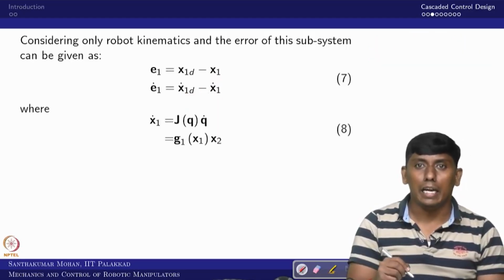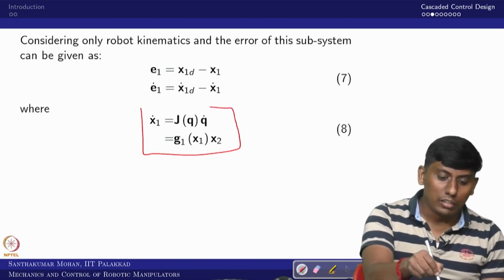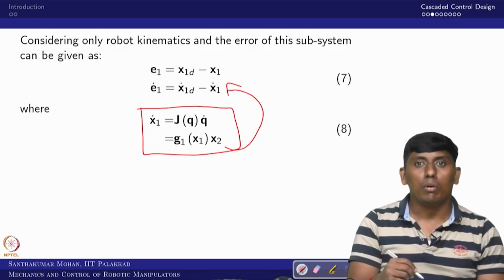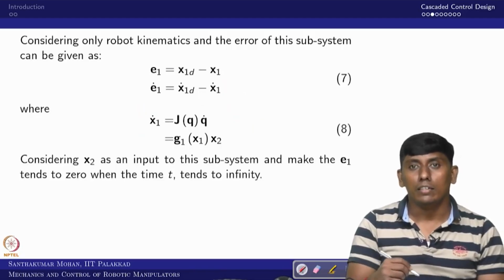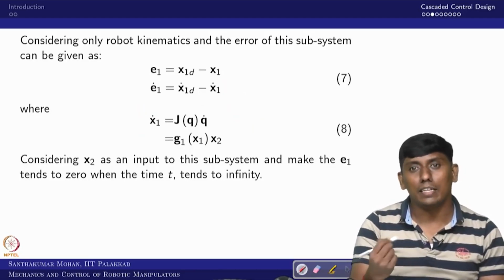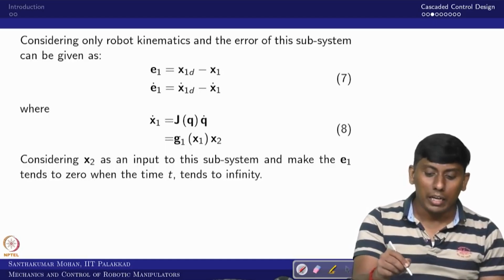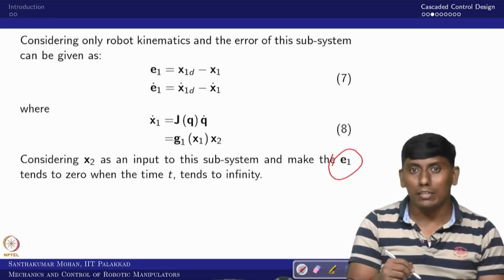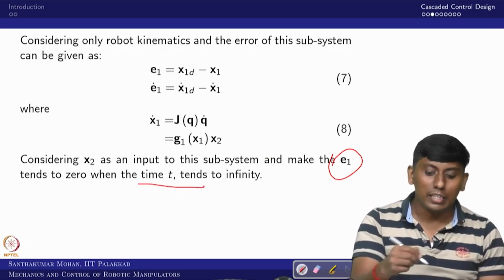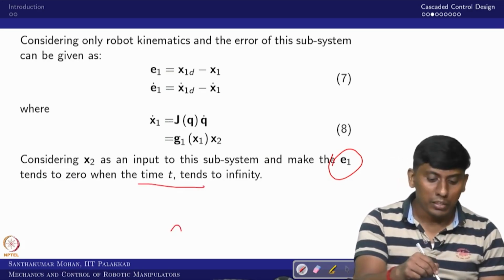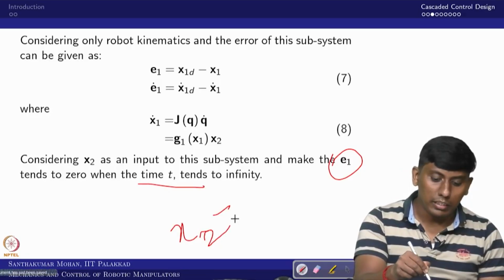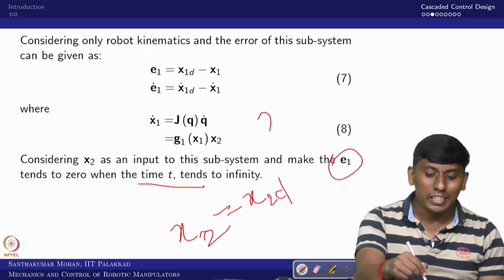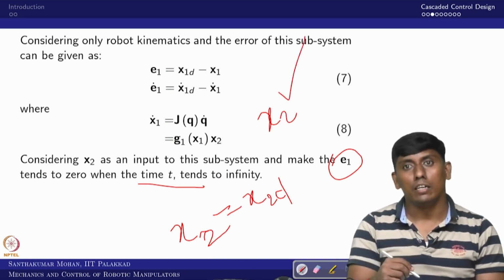If I relate that, I can substitute it here. Then I will get x2 as an input, which is obtainable, where E1 tends to 0 as t tends to infinity only if x2 equals x2 desired, what you are planning, or x2 is an independent state, right.